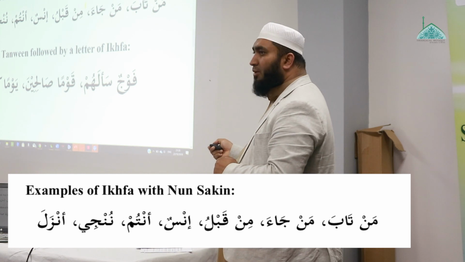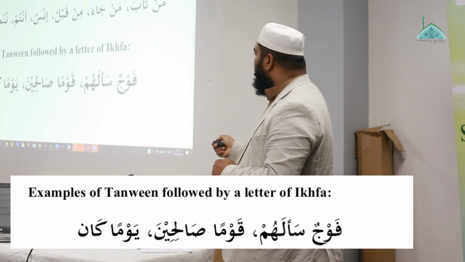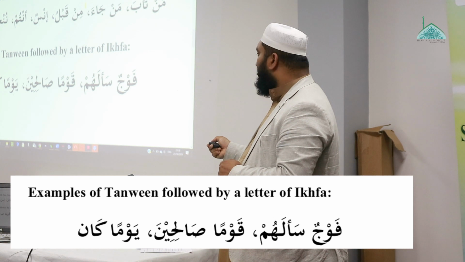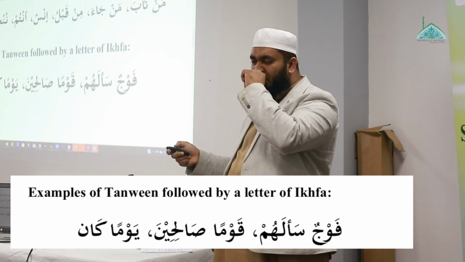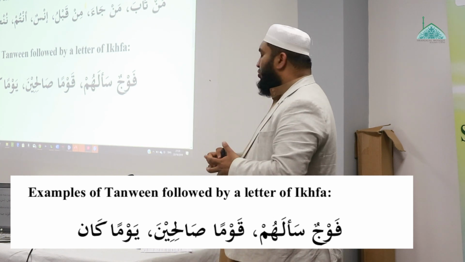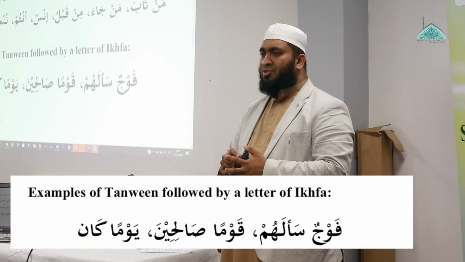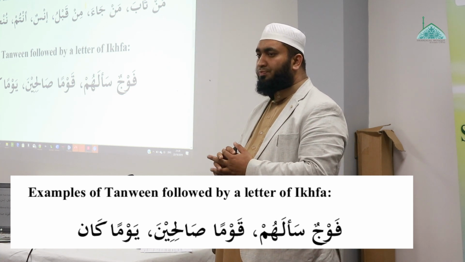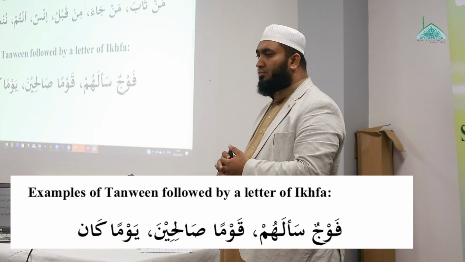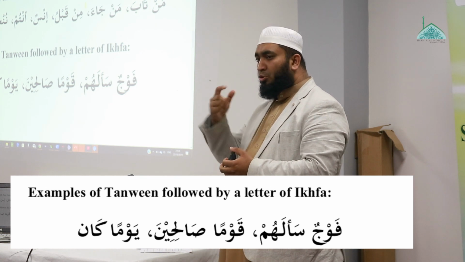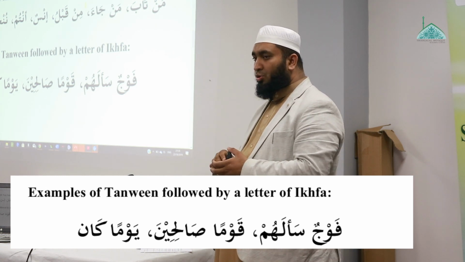Now if you see the examples of Tanween, here Jim has two pesh on top of it, followed by a sin. Sin is a letter of Ikhfa. So we say Fawjun Sa'alahum, making Ghunnah of one alif length, two harakat.